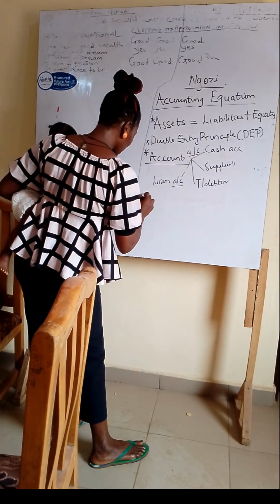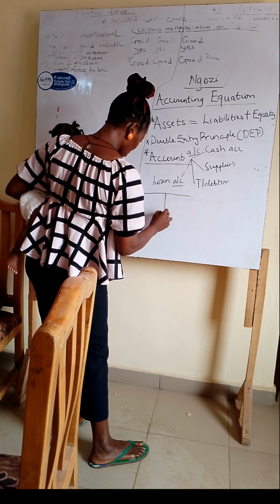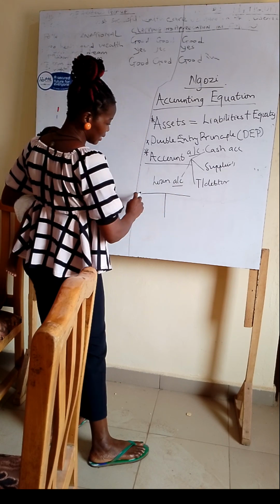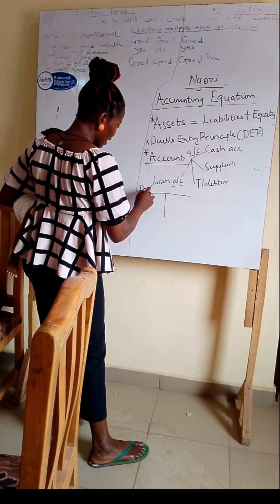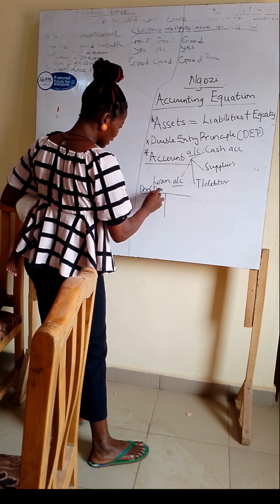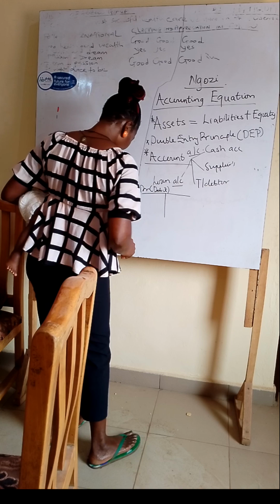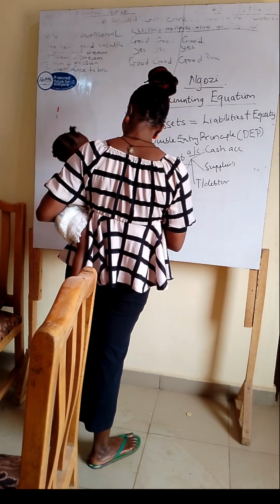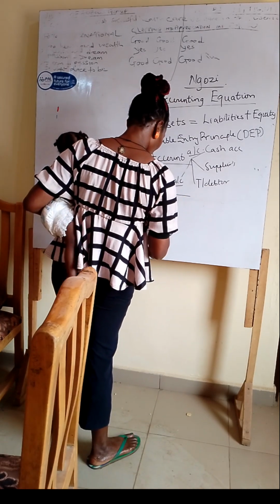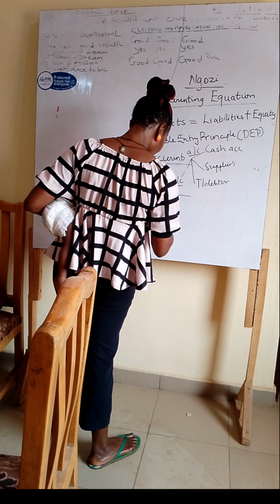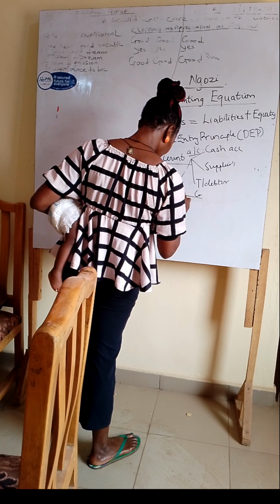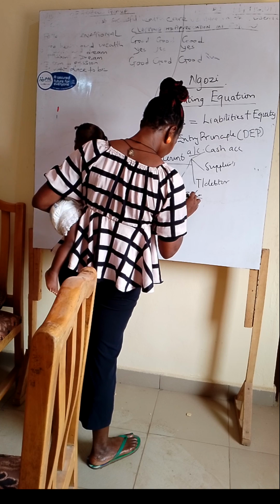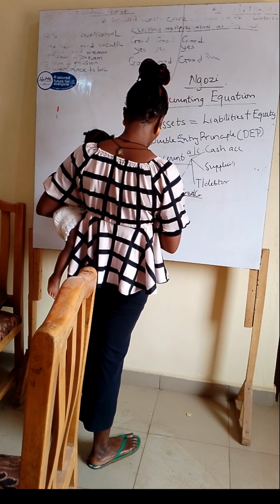Now, an account looks like this. It's a T shape. You can see it's like the letter T. Okay. This is the left-hand side, and this left-hand side is called the debit side. And then you have the right-hand side. The right-hand side is known as your credit side. CR for credit.